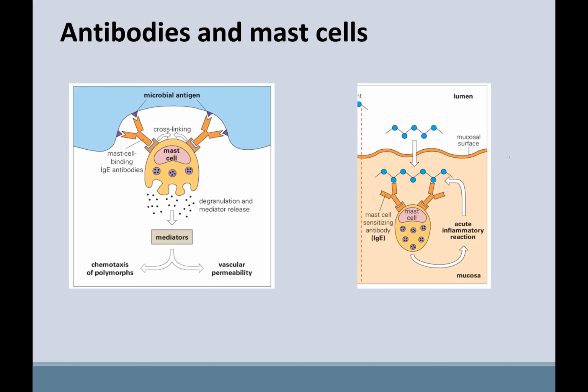Okay, antibodies can also trigger mast cells. So mast cells are another type of immune cell. And so in this case, the antibody is recognizing a microbe, or in this case also this little thing, I don't know why they drew it this way. This is supposed to be some kind of foreign object. Okay. And when you get a couple of these antibodies together and this mast cell, the mast cell releases, it degranulates, so it's basically releasing proteins.